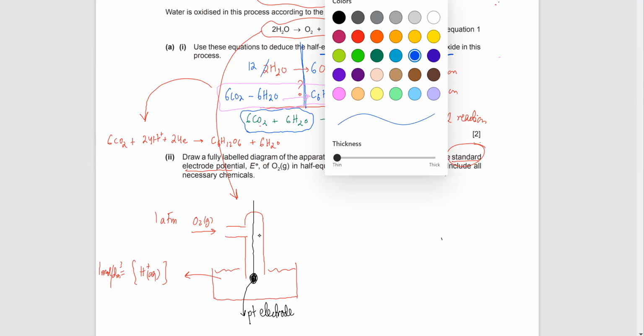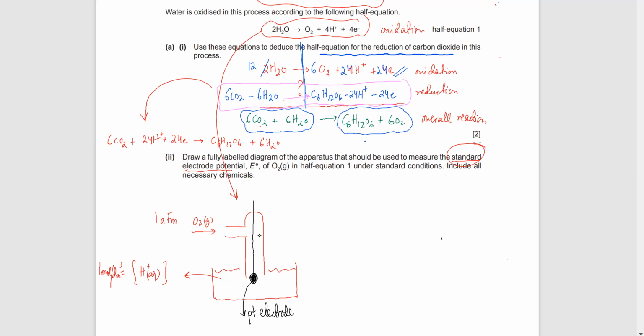Achha, but this diagram is not complete because every electrode potential has to be measured with respect to a reference point. And I have told you that the reference electrode is your standard. It's always your standard.